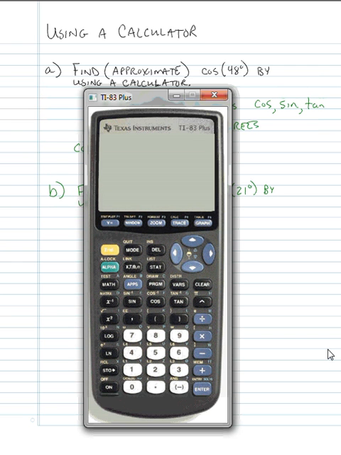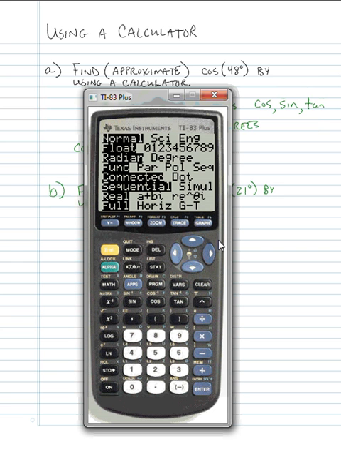Now, because we could be in either degree mode or radian mode, we need to check that out, and we do that with this key right here. If you have a graphing calculator, the mode key. When I press that, you'll see that on the third line down, there's normal, flashing, float, next, radian, or degree. So we go down to where we're interested in, and it's right now set on radians.